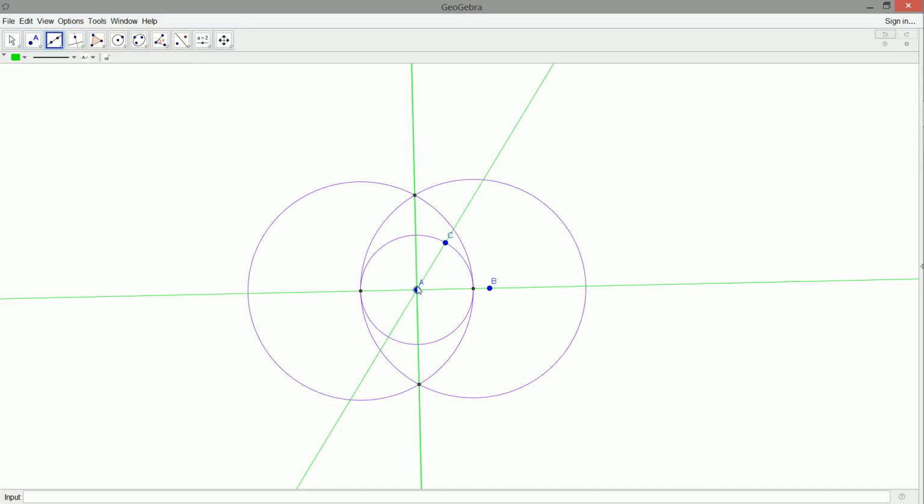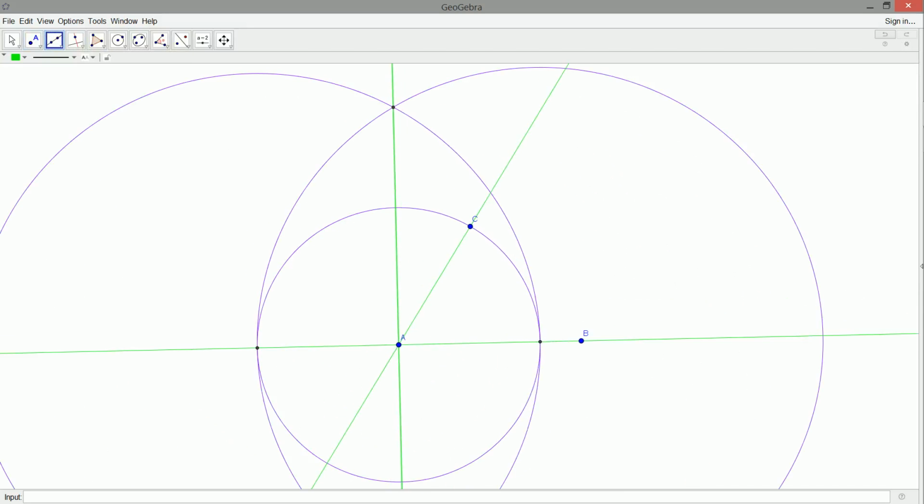Okay. So now this is perpendicular to AB. It goes through A. If we could find some point on here so that that point and C connects up and is perpendicular to this line here, then that line going through C would be parallel to AB. So I'm going to distinguish this point, the intersection of this perpendicular bisector and the original circle that I drew.